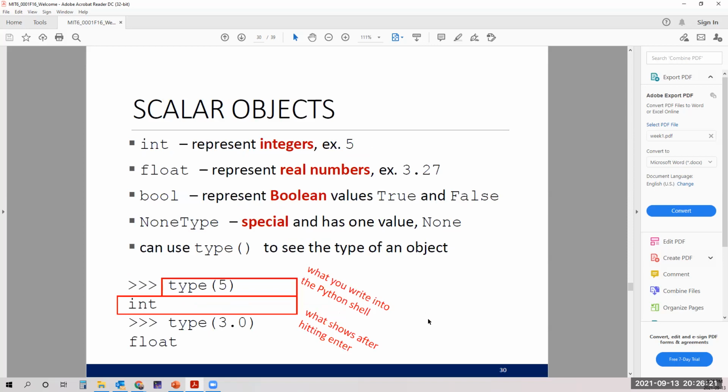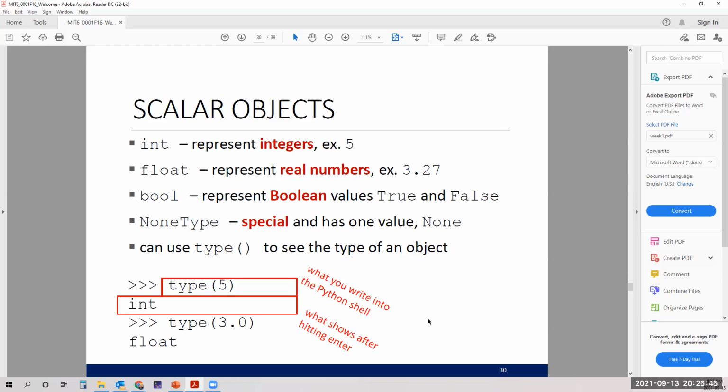Let's start with scalar objects and with the numeric types. We have integer in Python, which represents an integer number, as we know in math, with no decimal point or floating point, for example 5, 11,000, 1 million.